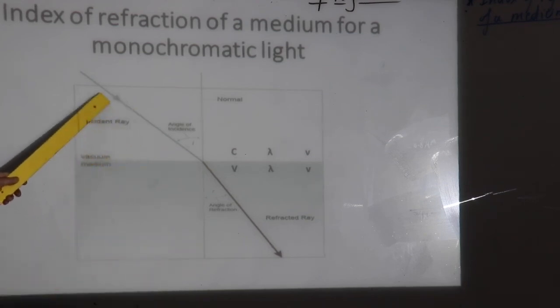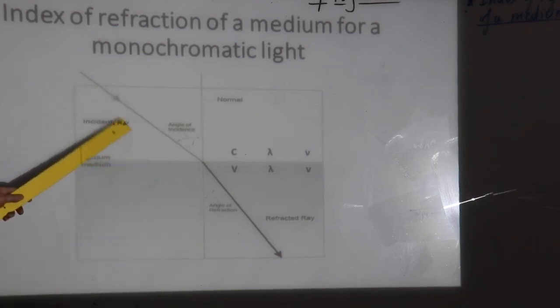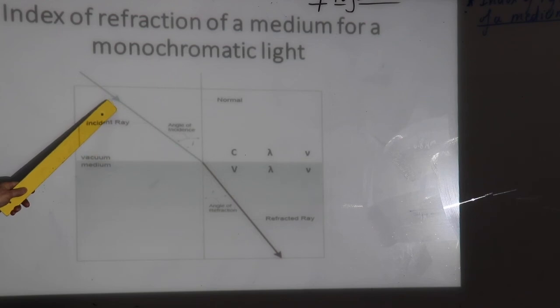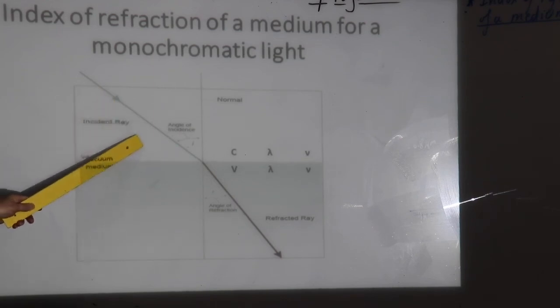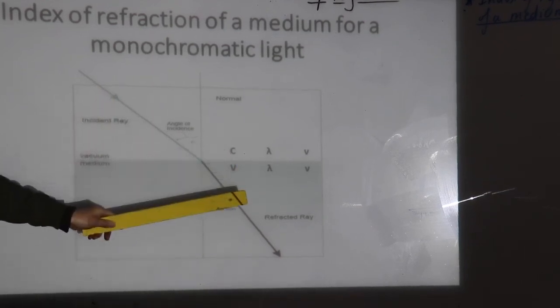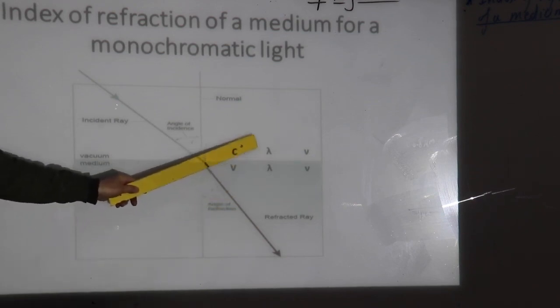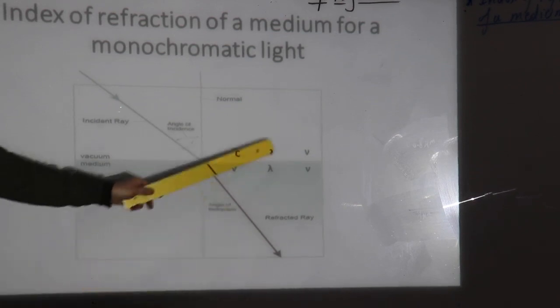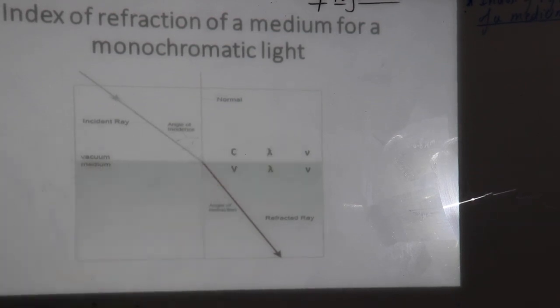Now, when the monochromatic light is in vacuum, its speed is c, its wavelength is lambda, and its frequency is nu.